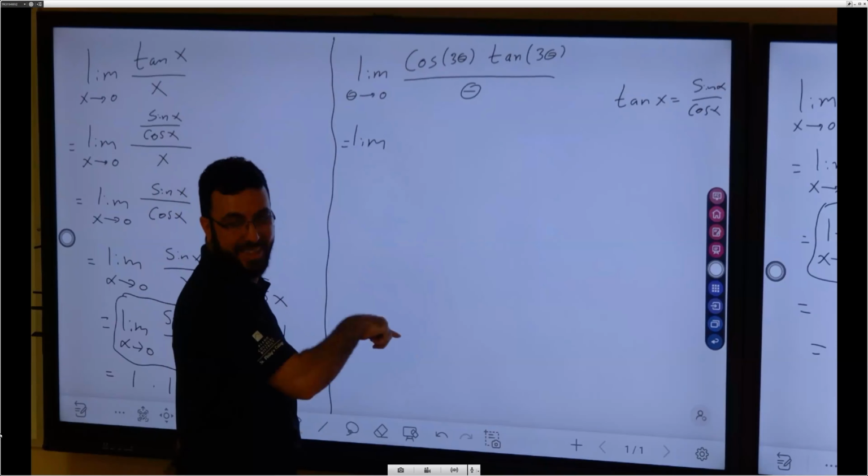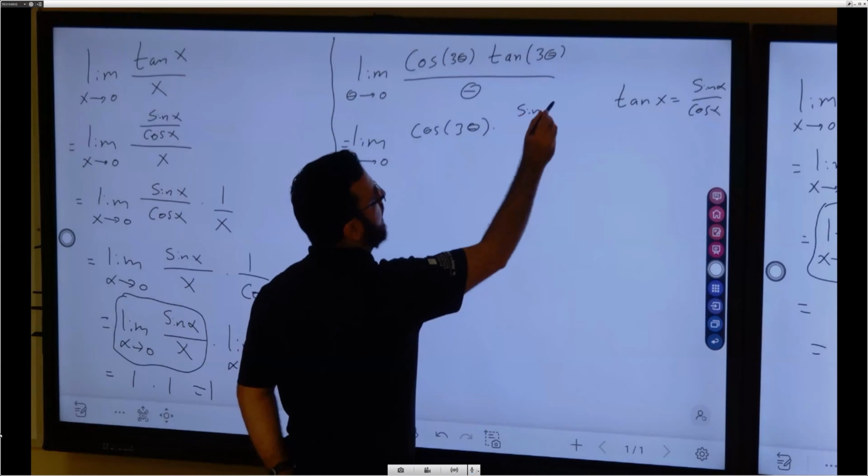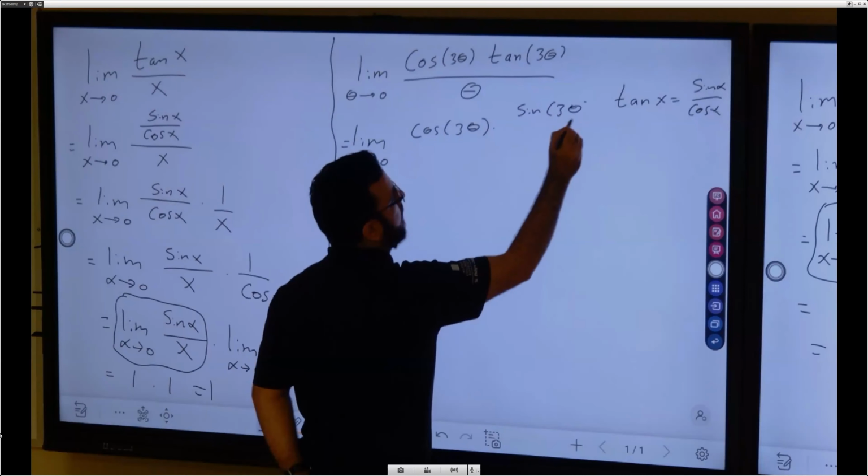The limit as theta approaches 0 of cosine 3 theta times sine 3 theta over cosine 3 theta, and everything divided by theta. That means the cosine cancels. So what's left?